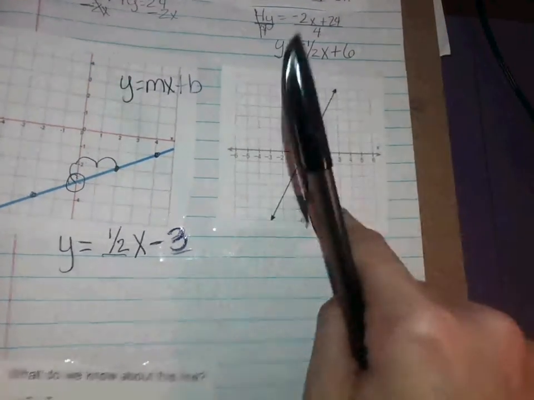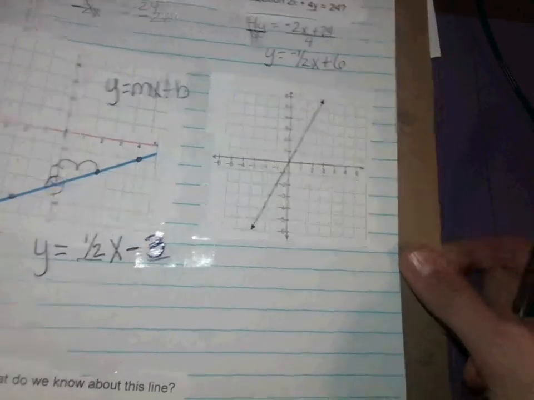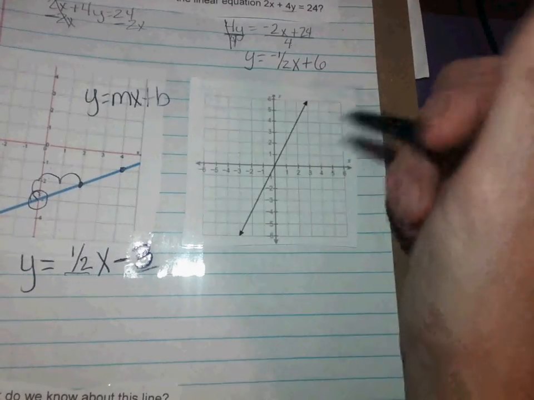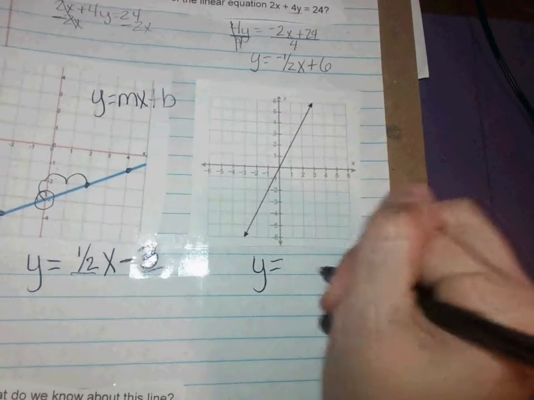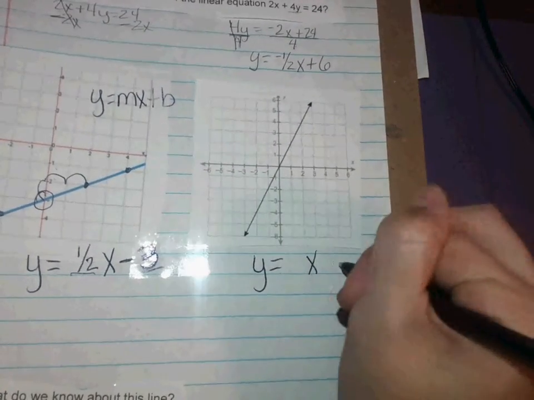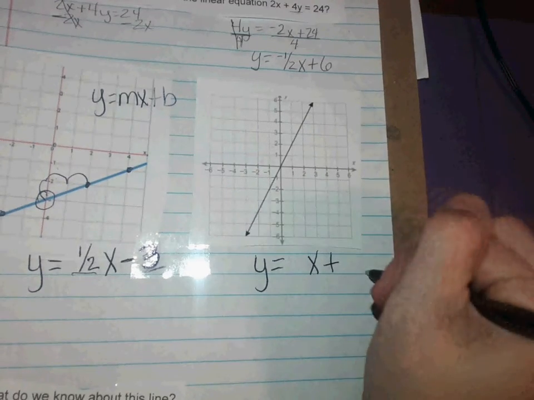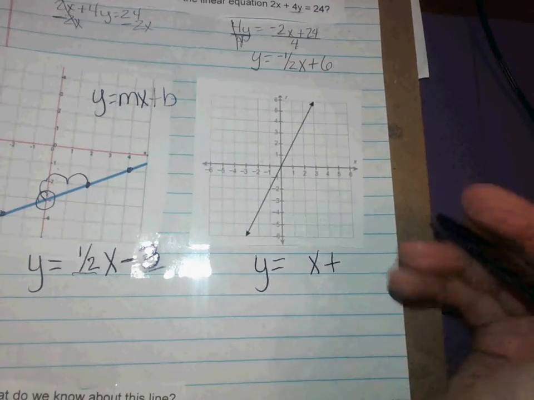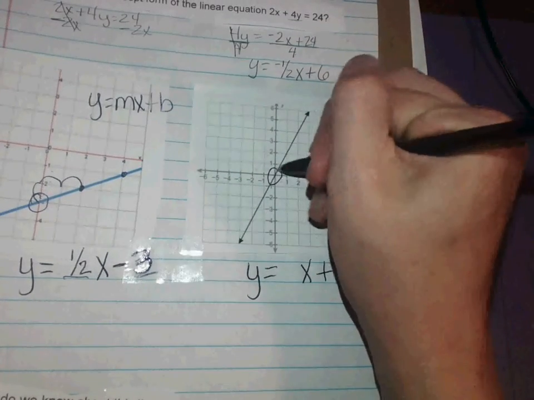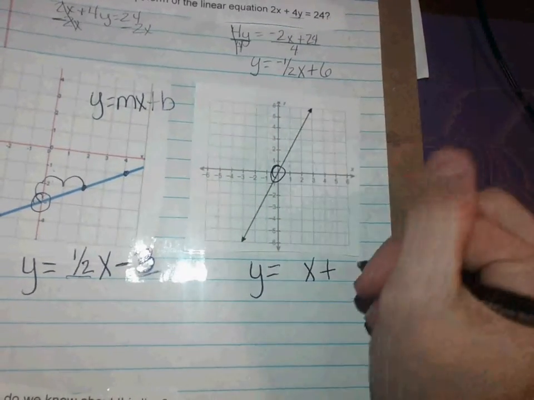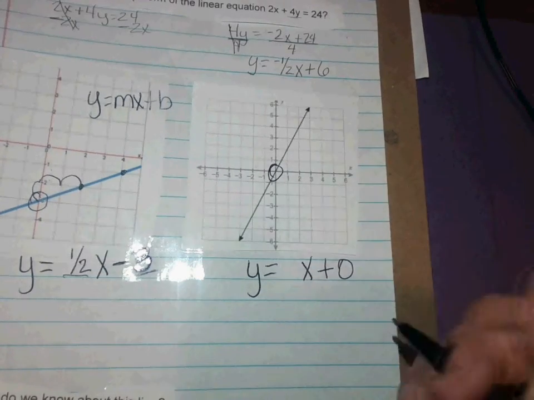And now let's look at this one. I'm going to do the same thing. I've got y equals mx plus b, so I'm going to write y equals blank x plus b. We don't know what b is, so b is our y-intercept. It's where it crosses this y-axis. And it crosses right here at 0, 0. So that's 0.